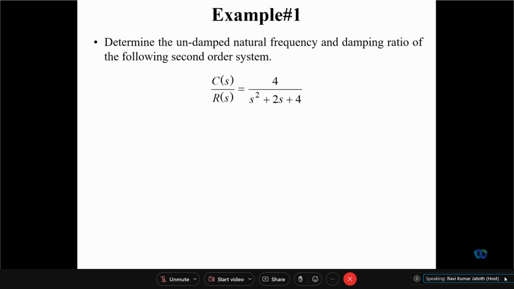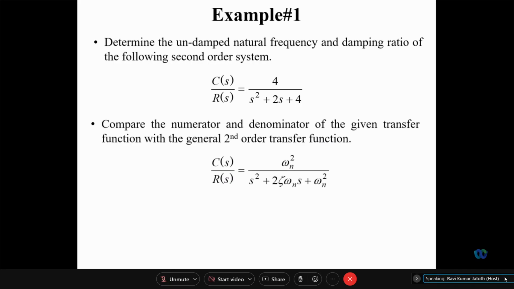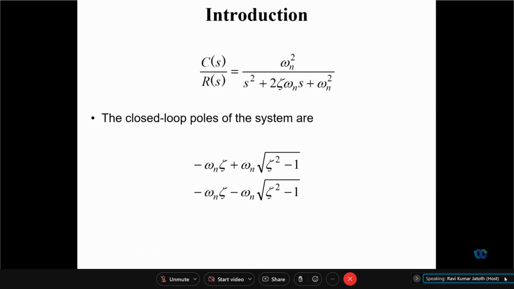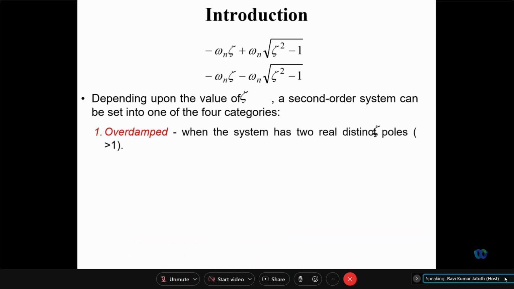Here, in this example, omega n is 4 and zeta is 0.5. So this is what we have seen. There are two poles, and we defined a pole also.